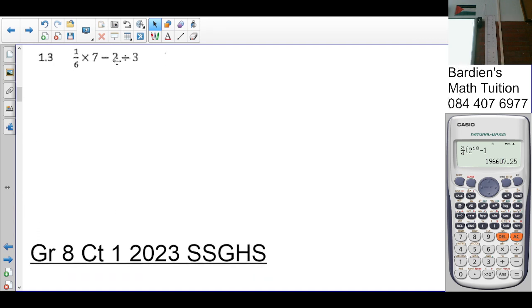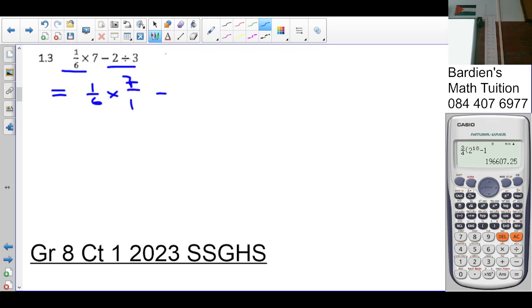1.3. How many terms are there? 2 terms. So we must first multiply and divide there. So it's going to give you 1 over 6 multiplied by 7 over 1 minus, now 2 divided by 3 is the same as 2 over 3. So again multiplication first. So 1 times 7 is 7 over 6 minus 2 over 3.